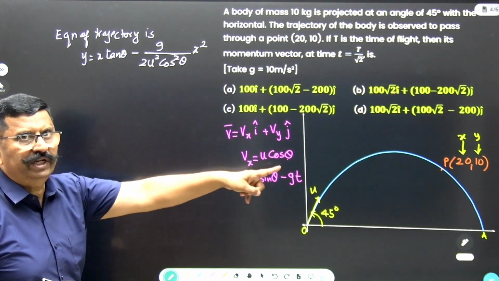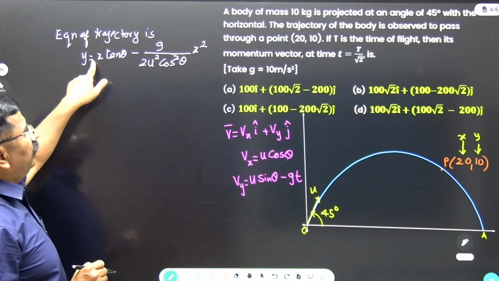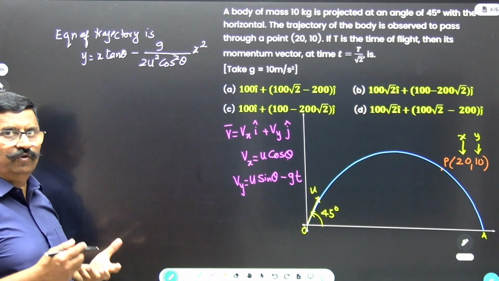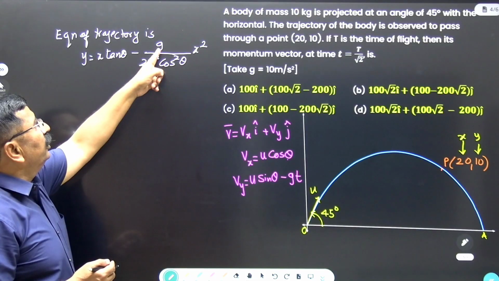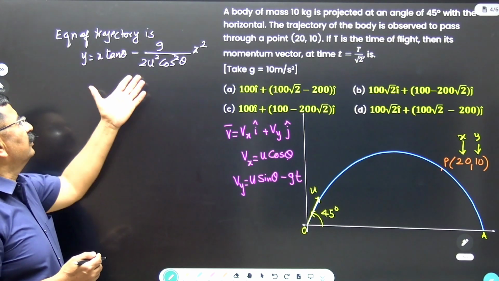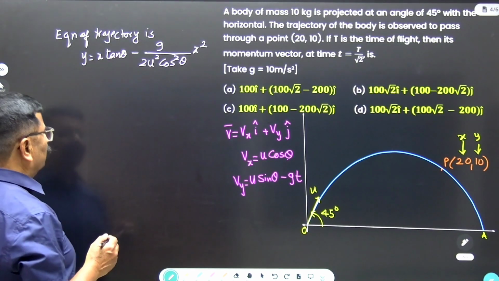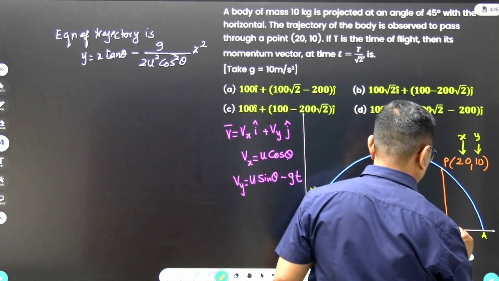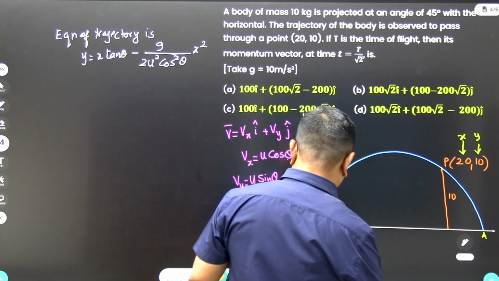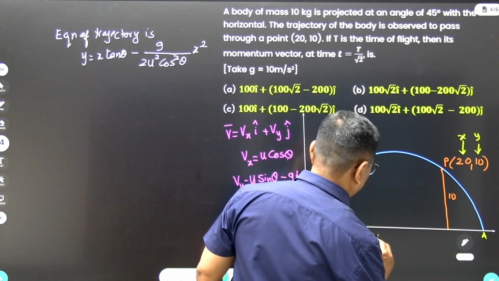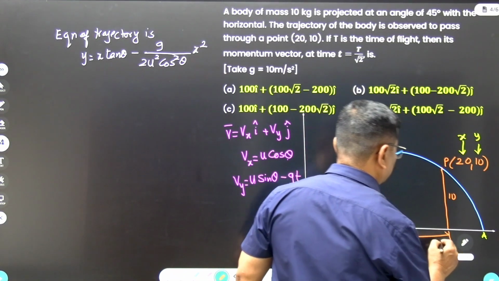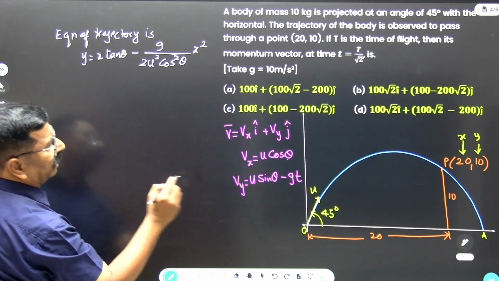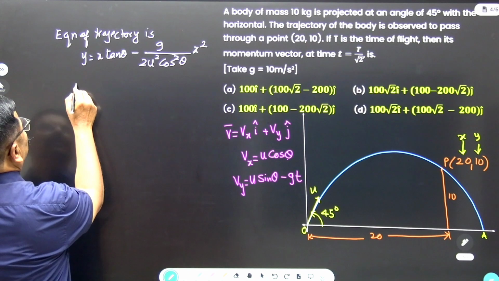Y is the y coordinate, that is 10, and x is the x coordinate, that is 20. We know the angle theta, that is 45 degrees, and we know the value of g also. Let us substitute and get the initial velocity. So I will substitute the y coordinate as 10.